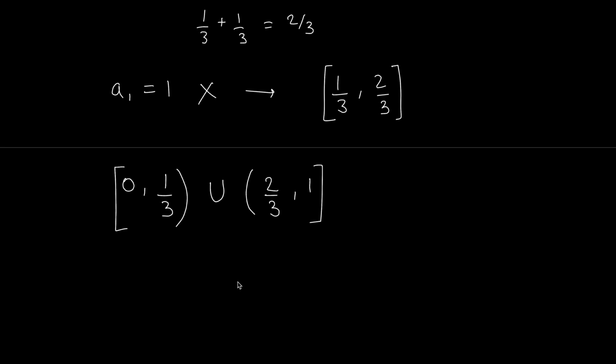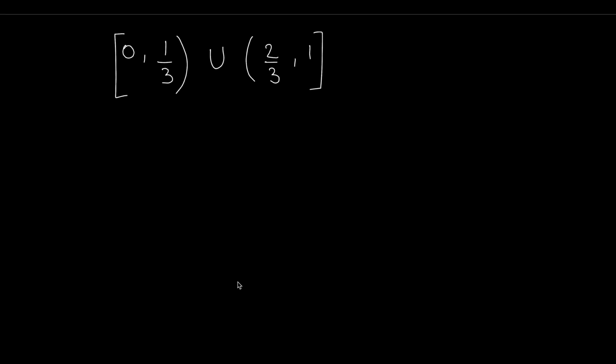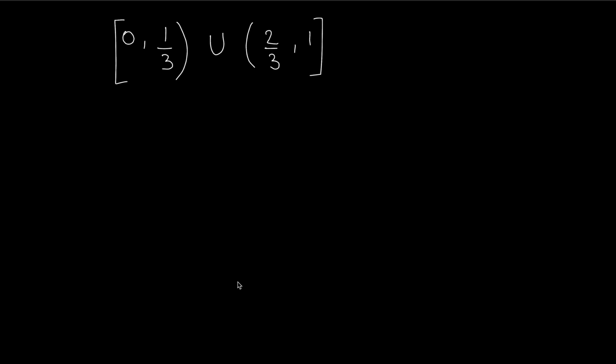Okay, so after deleting this sequence, the starting measure of 0 to 1 was 1, but now we are left with these two lengths. Each of these intervals has measure 1 by 3.